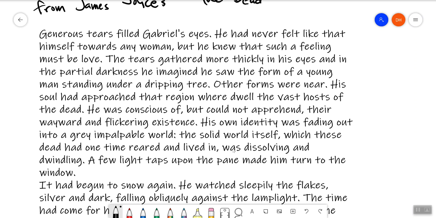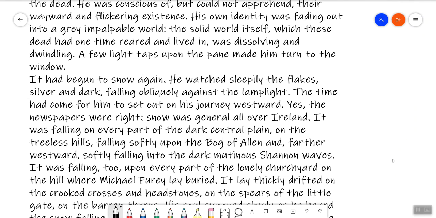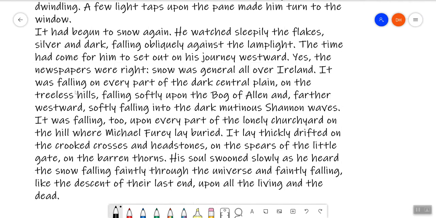So remember, we can't just stay in the mind and imagination the whole time. The real world is always there. And then we have this kind of panorama covering all of Ireland, about the snow falling on everybody, the living and the dead. Just look at how beautiful the imagery is here. Look at how beautiful the rhythms of these sentences are.